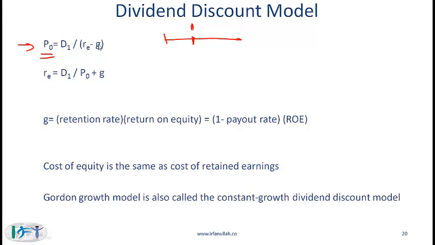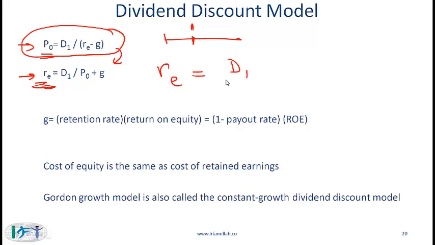But in this particular reading, we are concerned with the cost of equity. We can take the expression shown over here and use a little bit of algebra to come up with the cost of equity. The cost of equity is given by D1 over P0, the first dividend, divided by the current price of the stock plus the growth rate.